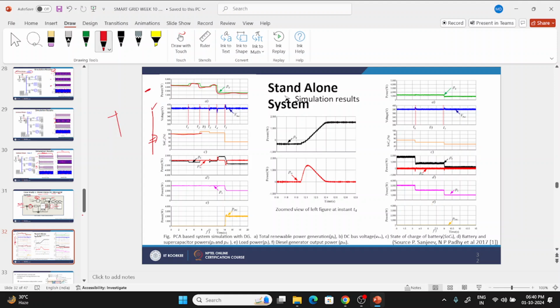Initially it is 80%, then it increases, then it gets discharged, and it goes on like this. Then D shows the battery and capacitor powers, and after that F shows the output power of the diesel generator.